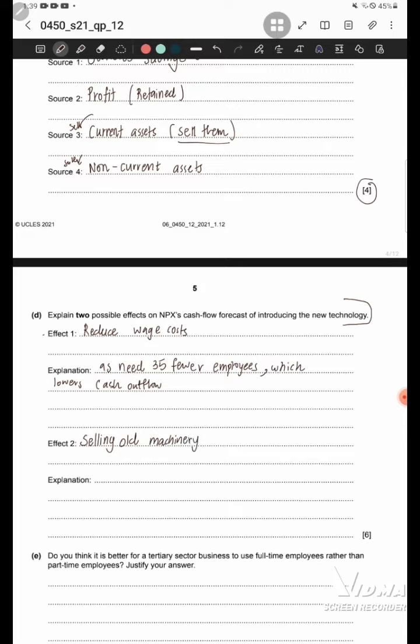Now, when selling old machines, you'll get cash in return, which adds to the cash inflow. It would generate cash inflow.